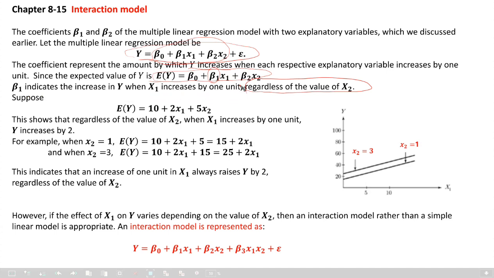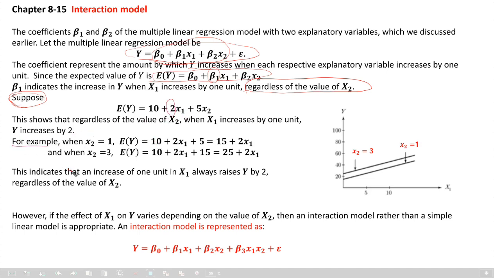I think everybody knows this. Let's take a simple example to explain this model and the interaction model. Let's say the expectation of y equals 10 plus 2x1 plus 5x2. This shows that regardless of the value of x2, when x1 increases by 1 unit, y increases by 2.